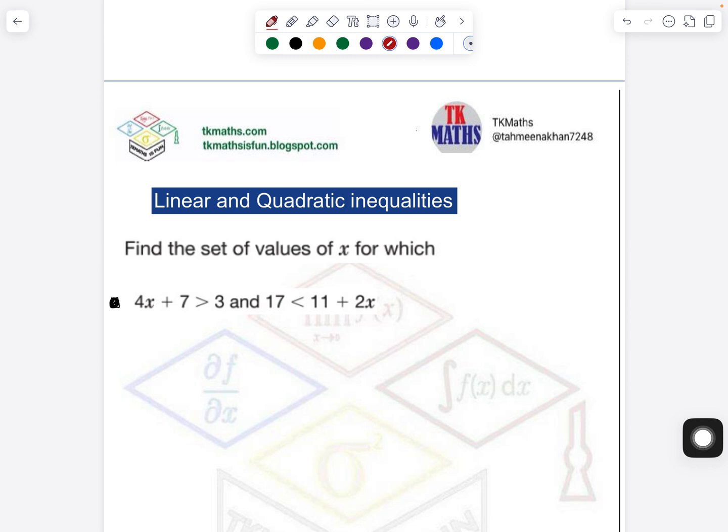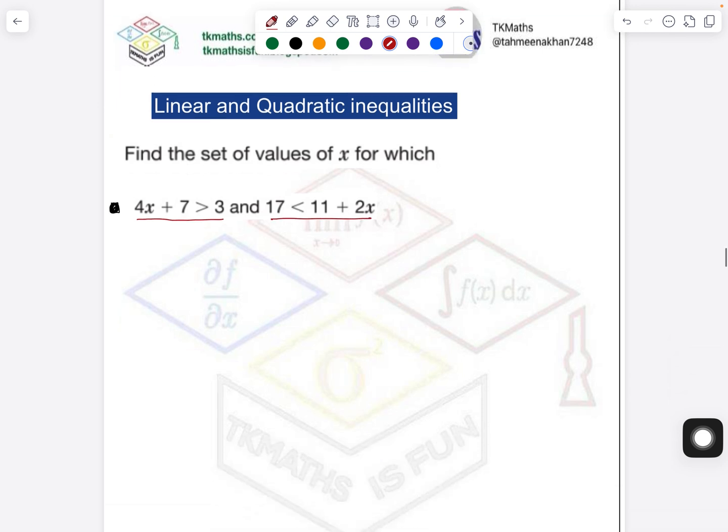You can see in this question, there are two inequalities given to you. The technique is you will solve both of them and then you will pick up the common answers. So let's start quickly. So according to this inequalities, the answer is x greater than minus 1.